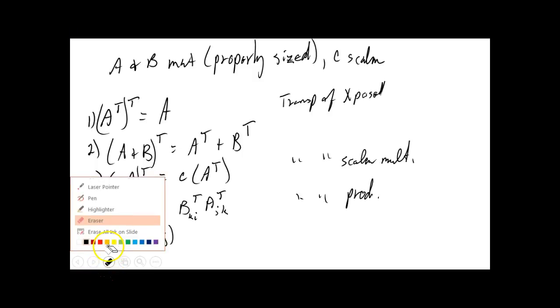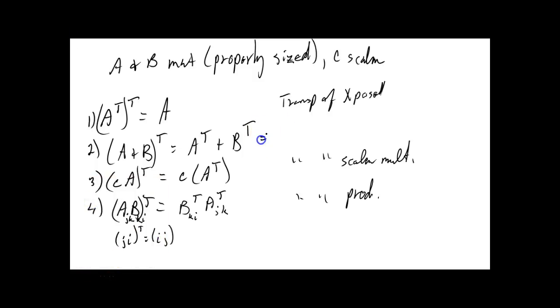You could extend this 2 to be (A plus B plus C plus as many as you wanted to do) transpose, and then guess what that would be? A transpose plus B transpose plus C transpose. So you can have as many terms, matrices as you want added together. The rule doesn't change. And by the way, we didn't do our dimensions on this.